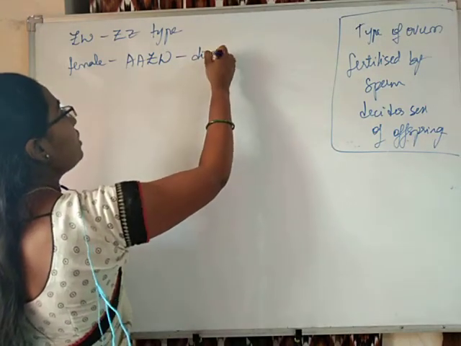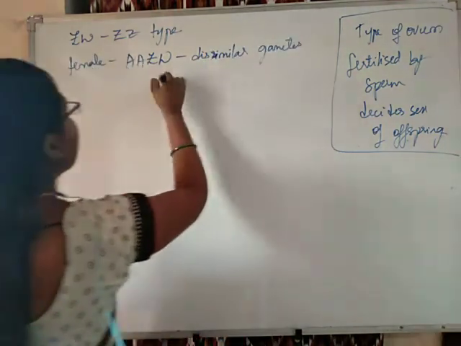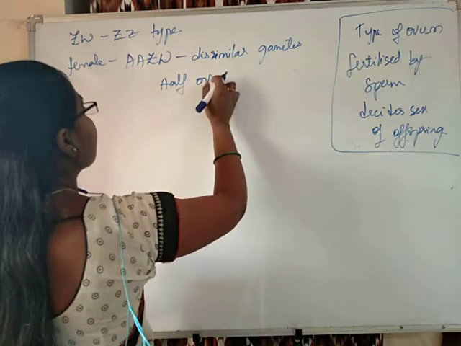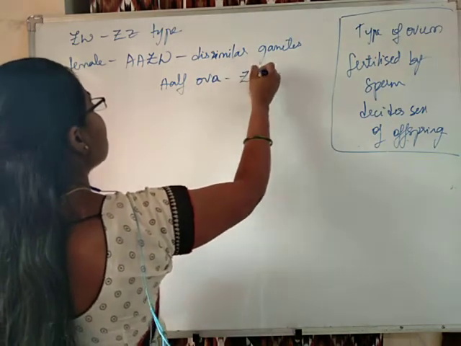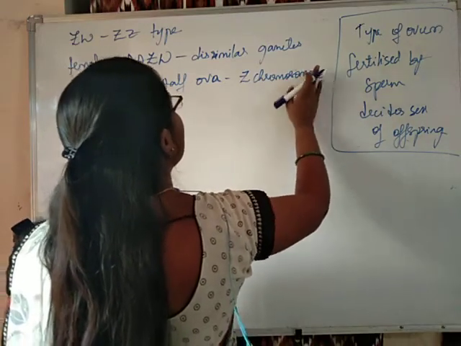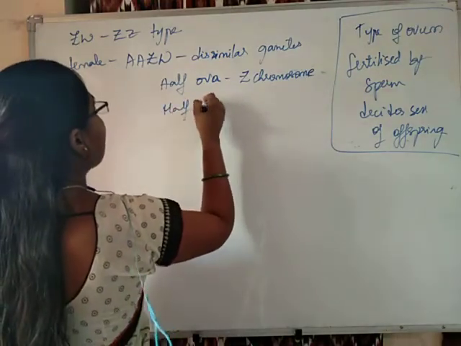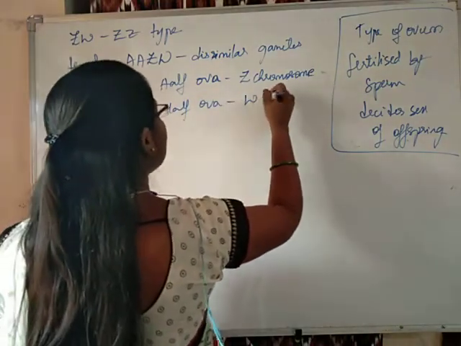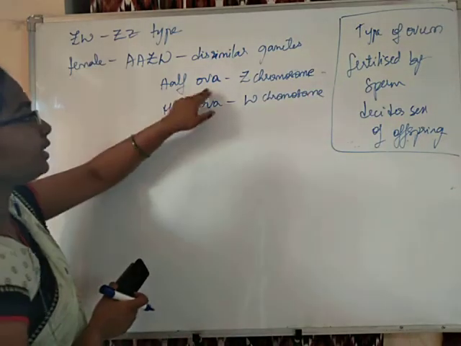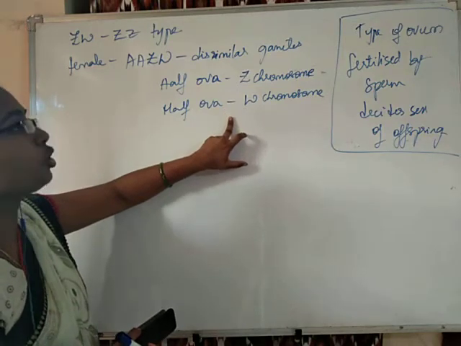Half of the ova will contain the Z chromosome, and half of the ova will contain the W chromosome.